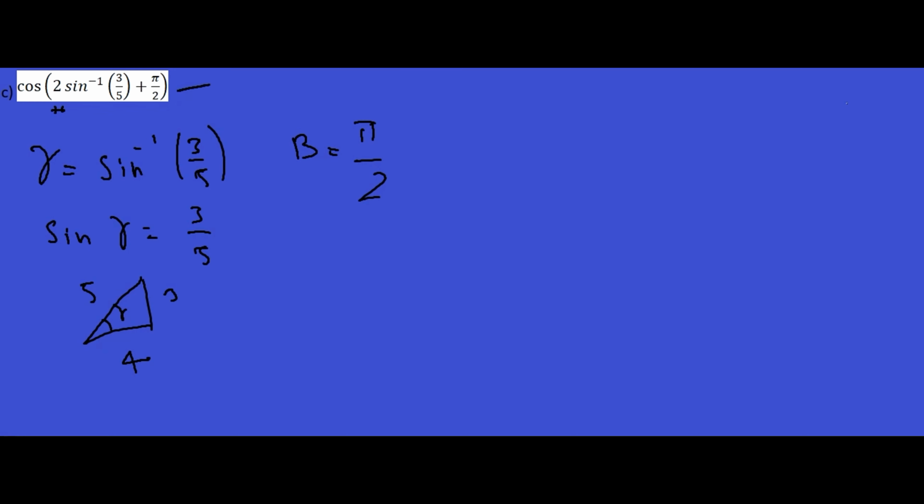Right. First we replace the letter: cosine of 2 gamma plus B. So there's a double angle and an addition angle formula.